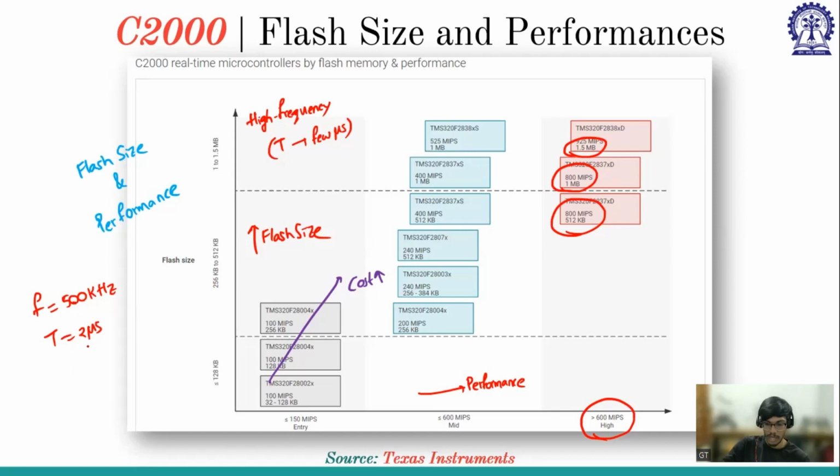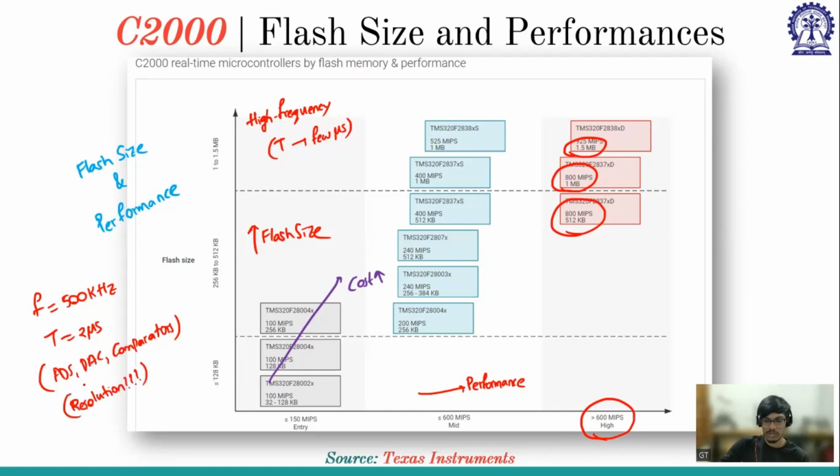So how many lines you will be needing, and whether the controller will be able to provide that much high performance or not, and whether you need ADCs, DACs, comparators, and what is the resolution. Say you are operating in voltage mode control, what is the resolution that that particular controller is offering.